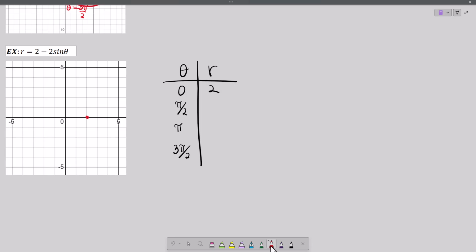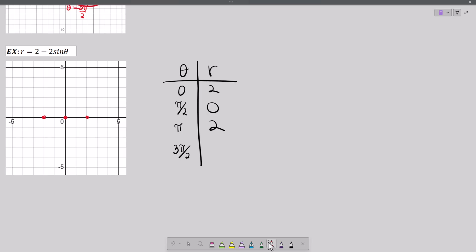Pi over 2, sine of pi over 2 is 1. 2 minus 2 is 0. So this is going to be a 0. So if we come over to the graph, in the pi over 2 direction, we have a radial value of 0, so that puts us right there. And then we go to pi. Sine of pi is 0. 2 minus 0 is 2. So in the pi direction, we are going 2 units away from the origin.